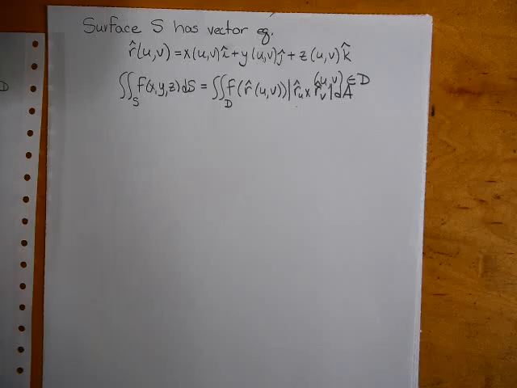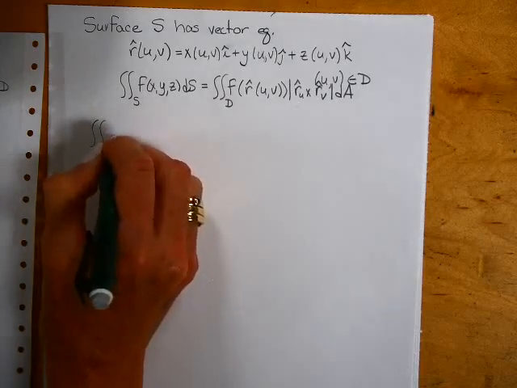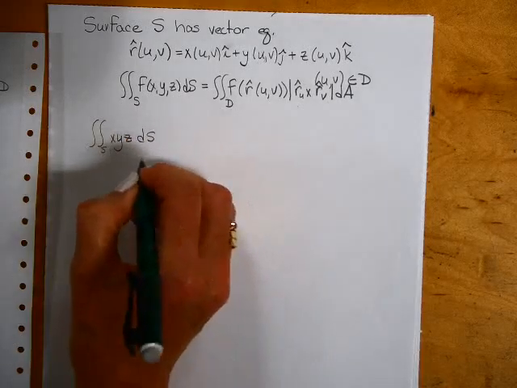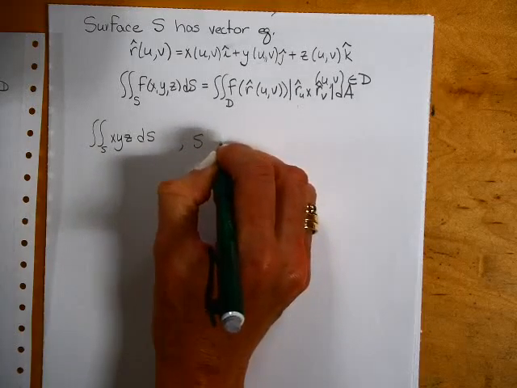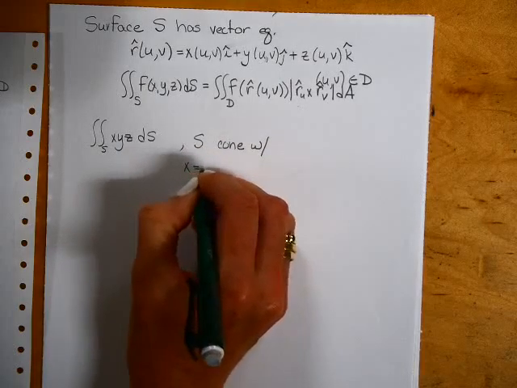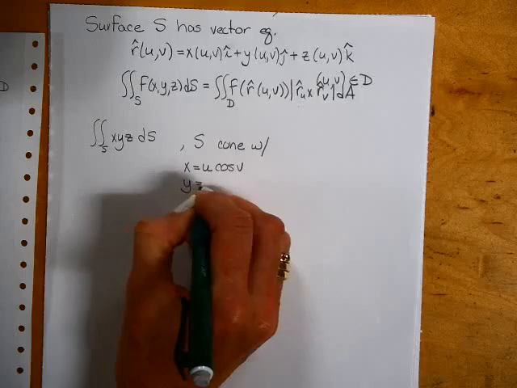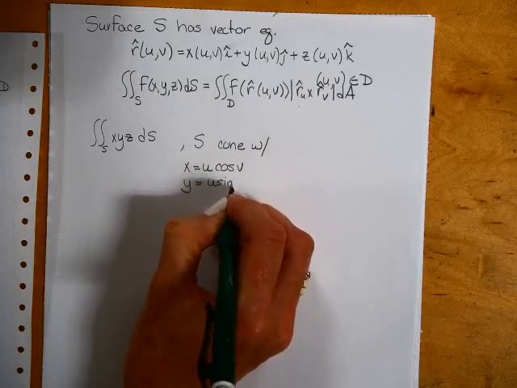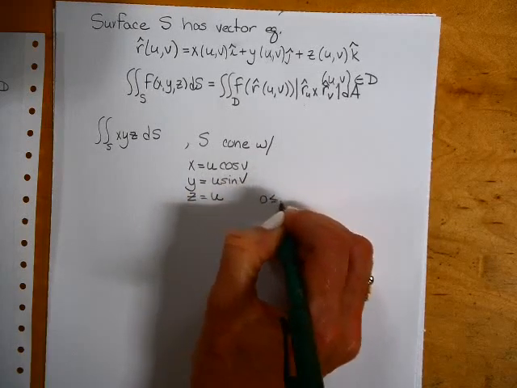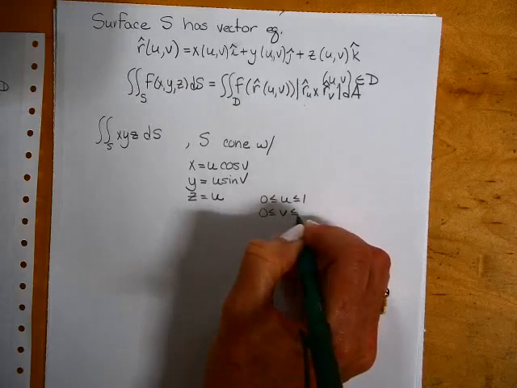Problem 6. They want us to find the double integral of the function xyz dS over S, which is a cone with parametric representation x is u cosine v, y is u sine v, and z is u, where u ranges from 0 to 1, and v ranges from 0 to pi over 2.